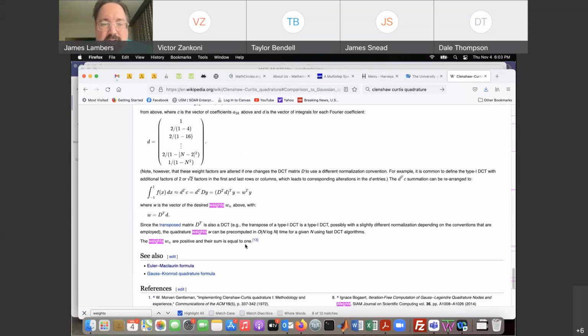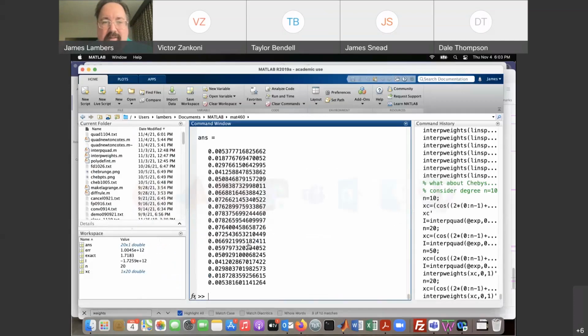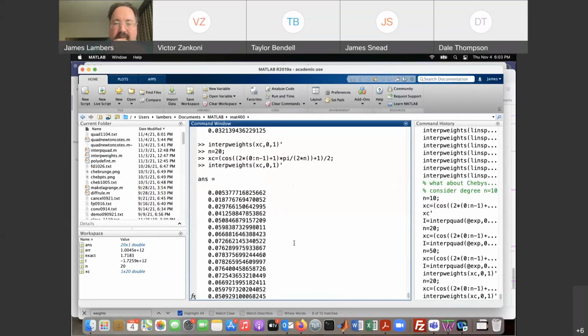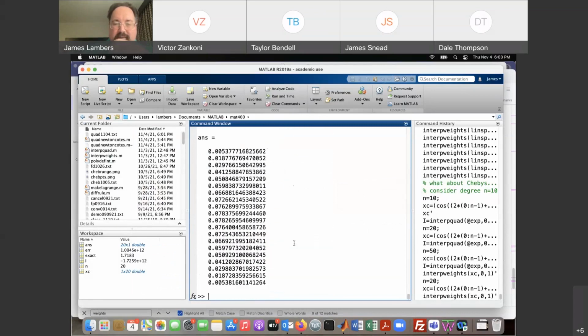But we saw for a large enough degree that this didn't happen. So the question is, why would that be, when analytically the weights are supposed to be positive? And actually, I can give you an answer to that.